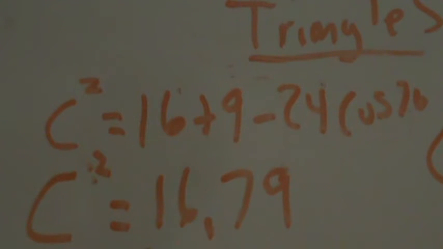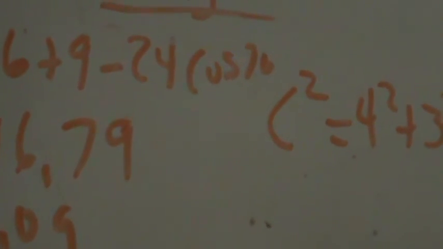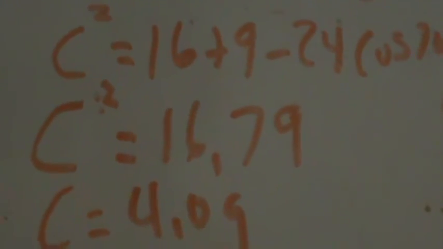So, what does this say, and what do we just show? We had the same legs in theory from our right triangle, but the angle between them was not 90, it was actually smaller. So that affected what our C was drastically.